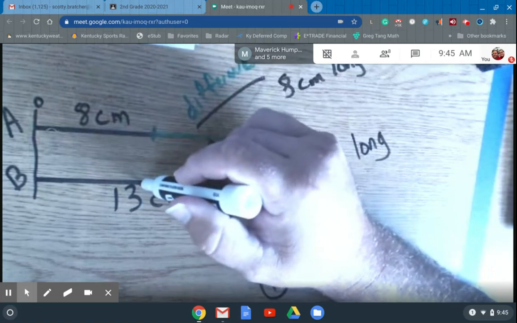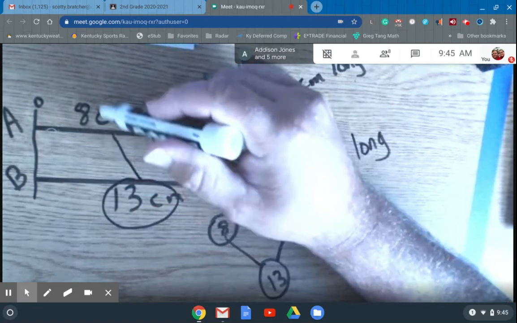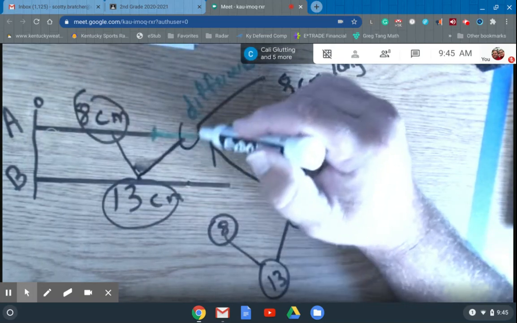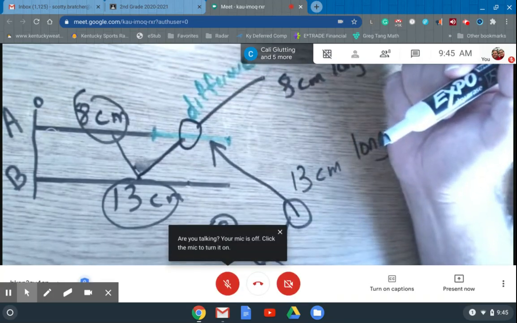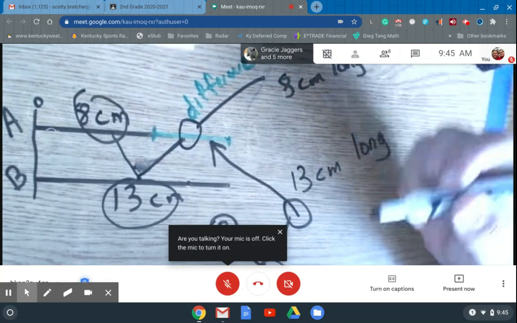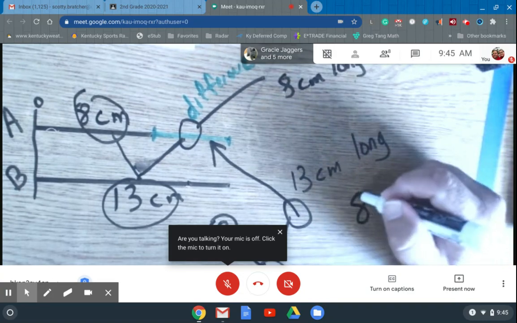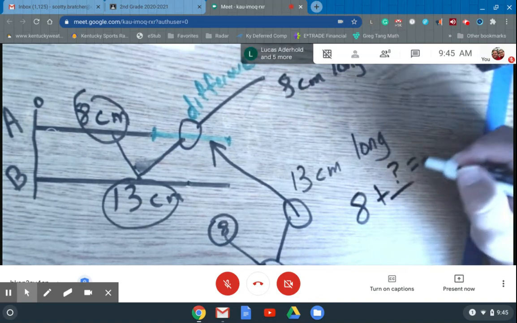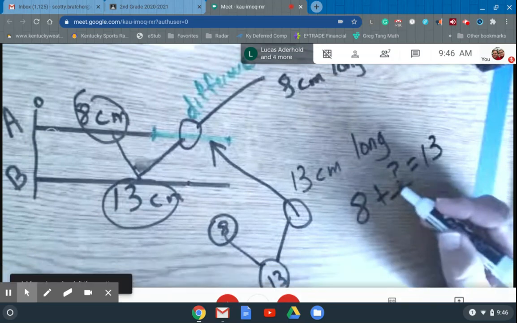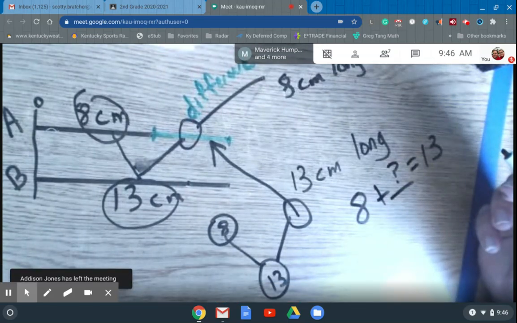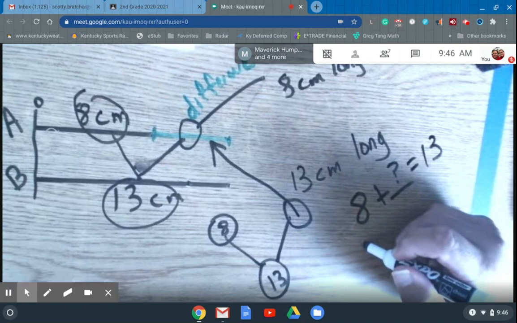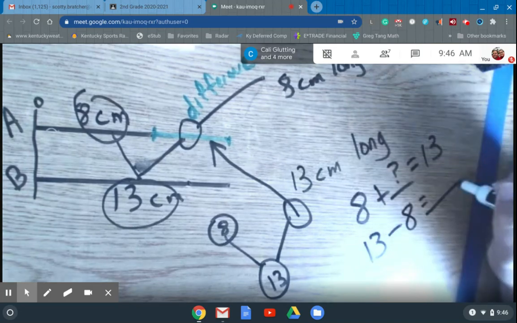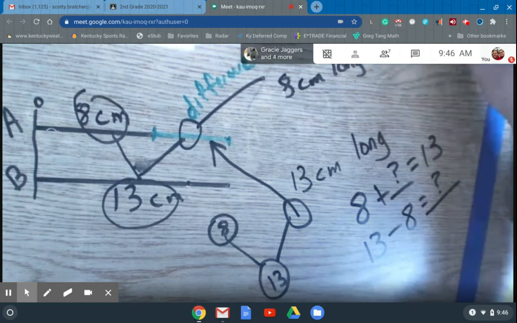We've got here, and we go to there, and then we go to here, okay? So, we're going to take 8, we can say 8 plus something, I don't know what it is, equals 13. See, that would be the addition, but I don't know what to add, okay? Or I can say, I know that I've got 13, and I'm going to take 8 away from it, and that's going to give me my answer. Okay? All right.